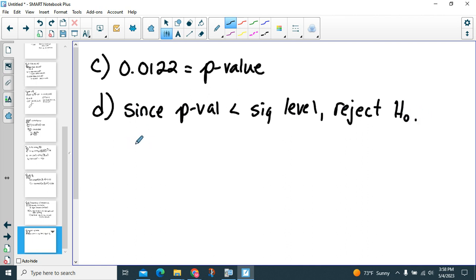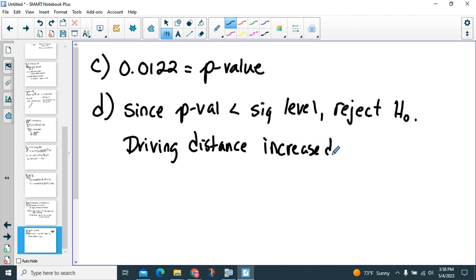That basically means, within the context of the problem, that his driving distance increased after coaching.